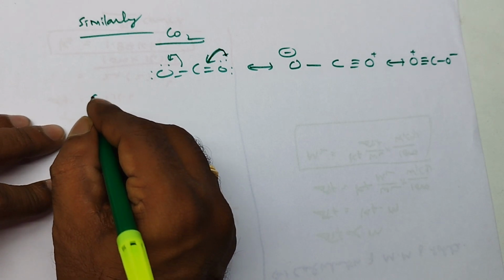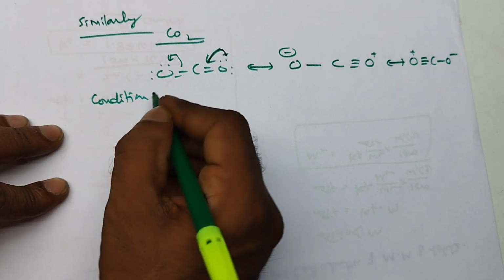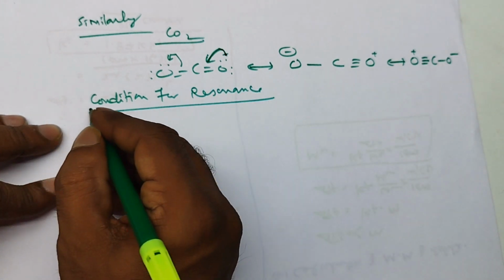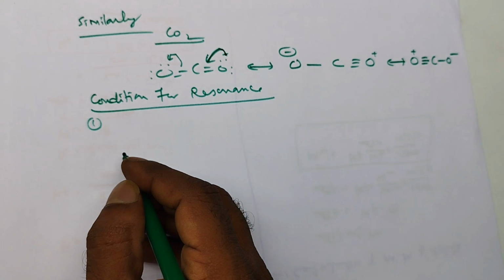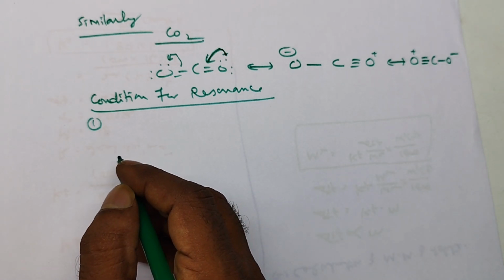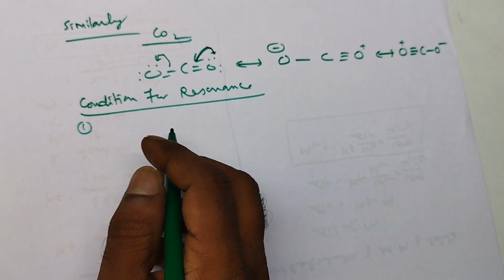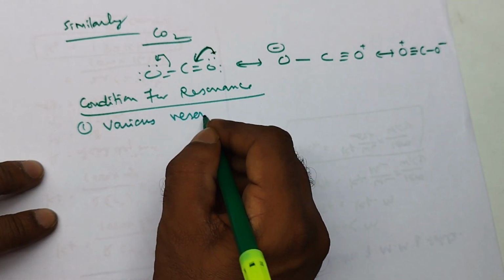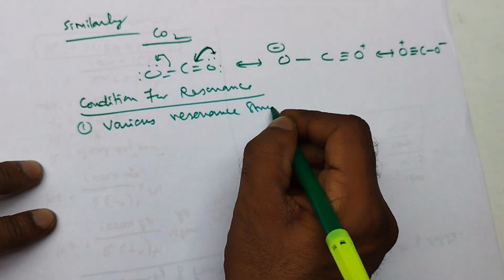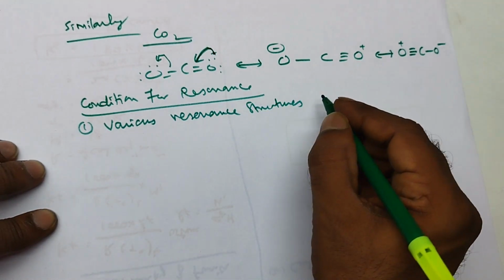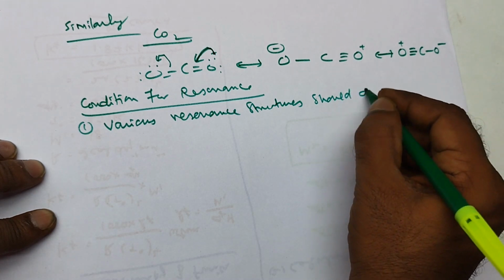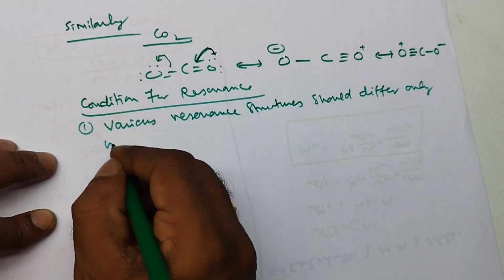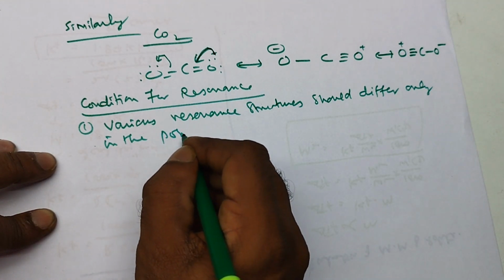So what are the conditions for resonance? Number one, the various resonance structures should differ only in the position of electrons and not in the position of atoms or nuclei.